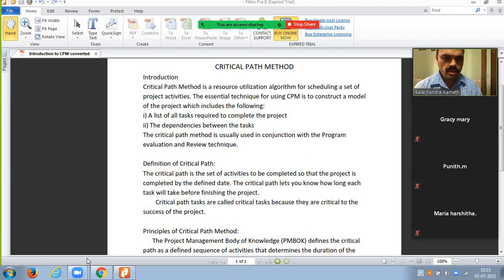Now let's take for example construction of metro. The first task is to get in touch with the people who are getting affected by the metro construction, talk with them and acquire the land for the metro construction. That is step 1.